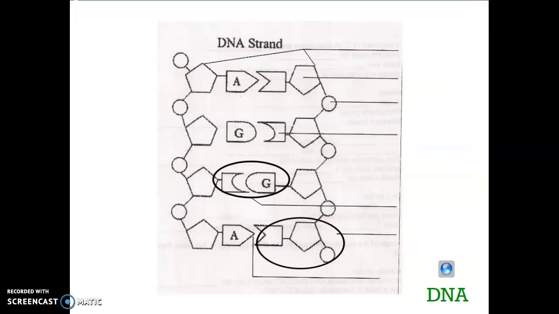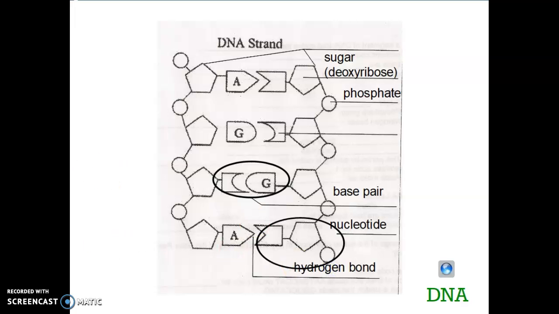All right, one more, just to show you they're the same. Here's the circle, so that's a phosphate. Then I always look for the pentagon, which is the sugar. There's your pair, there's two of them. There's three pieces. That's your nucleotide. The hydrogen bond is what holds the base pairs together. This would be your nitrogen base.